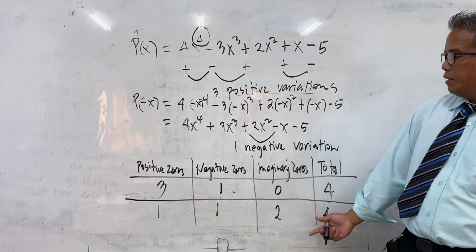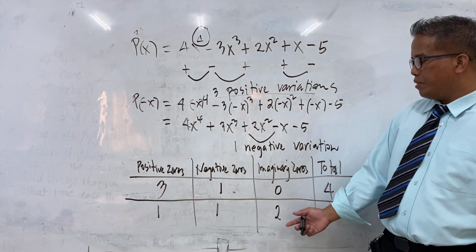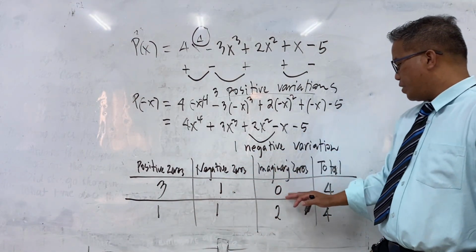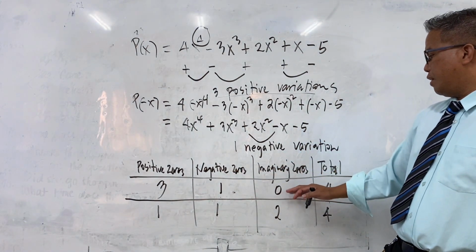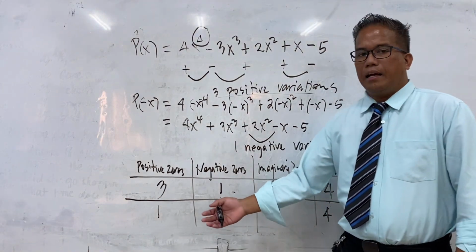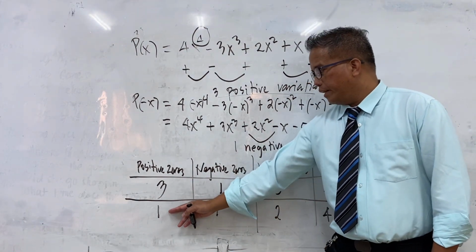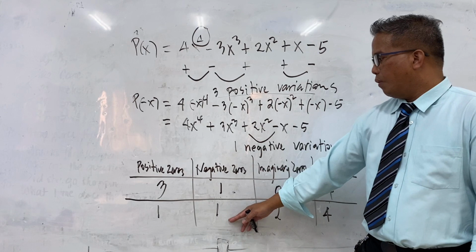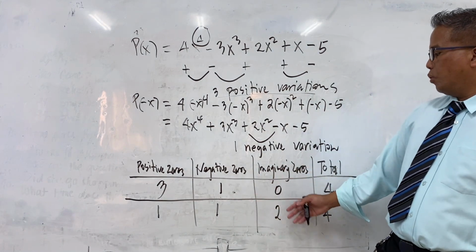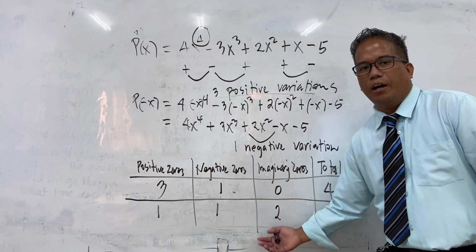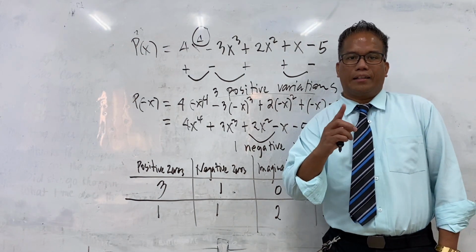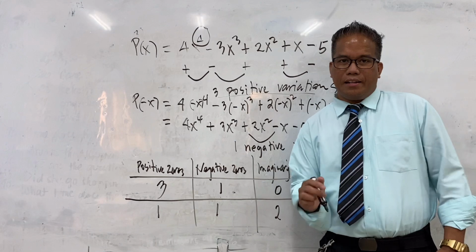So the possible combinations of positive, negative, and imaginary zeros: we have 3, 1, 0, so 3 positive zeros, 1 negative zero, 0 imaginary. And another is 1 positive zero, 1 negative zero, and 2 imaginary zeros. So this will be your answer using the Descartes rule of signs. Okay, thank you.